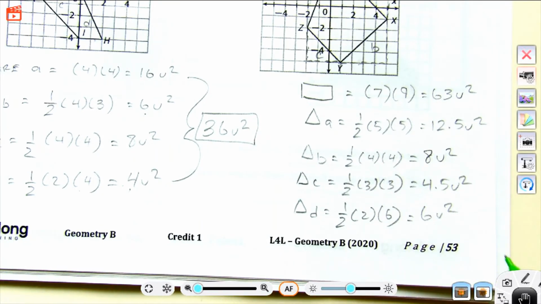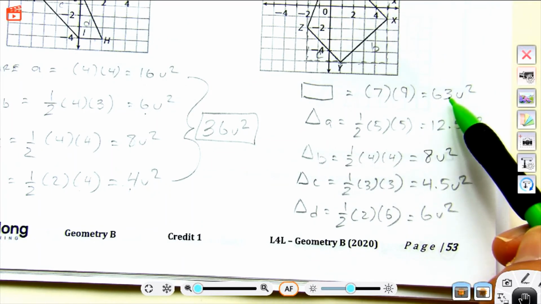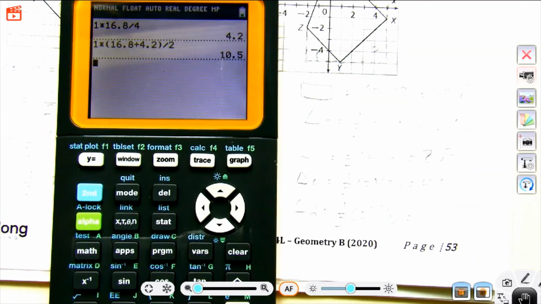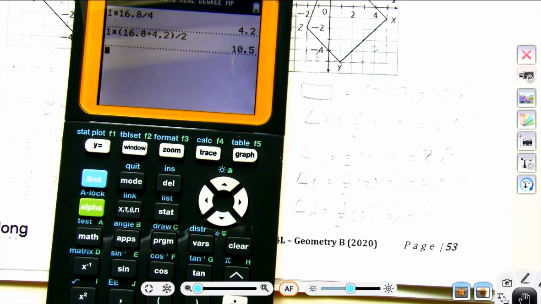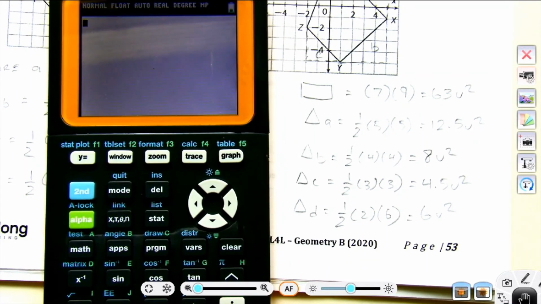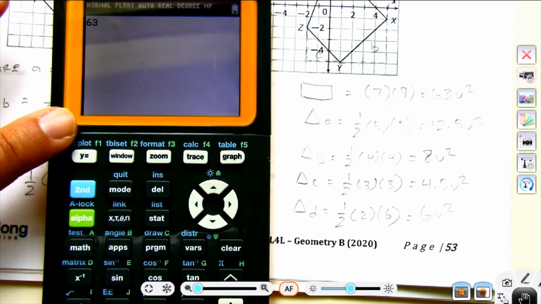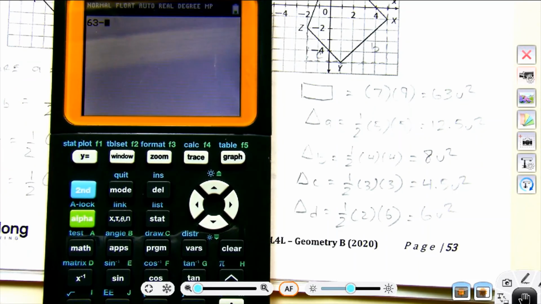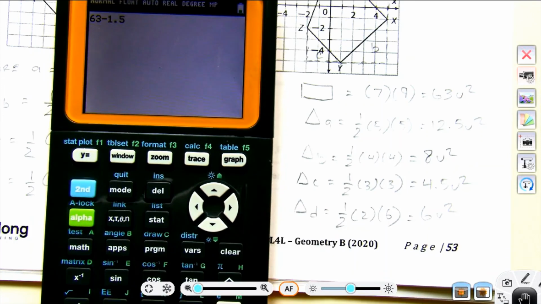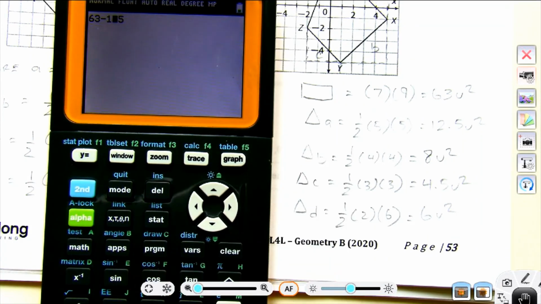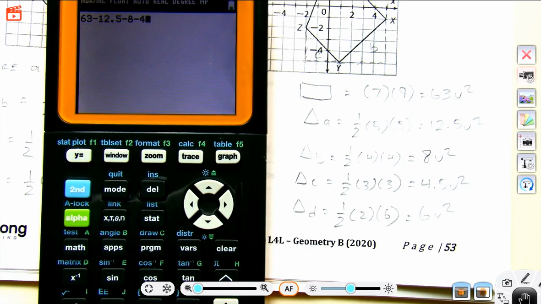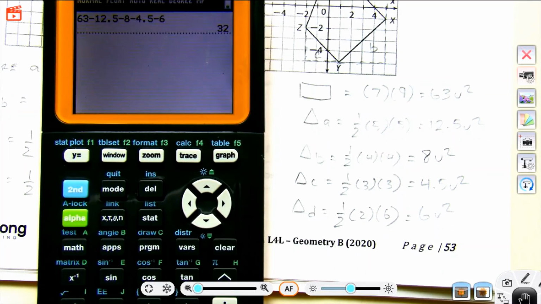So we have the total area minus each piece, and let's do that on the calculator. So we have 63 minus 12.5 minus 8 minus 4.5 minus 6, and that gives us 32.